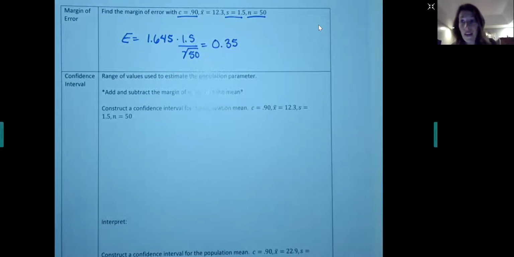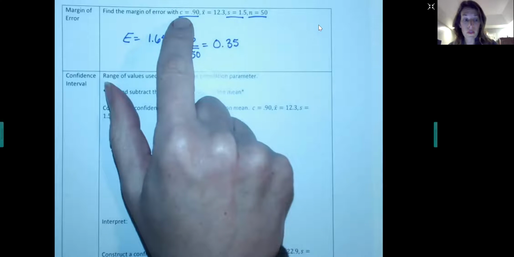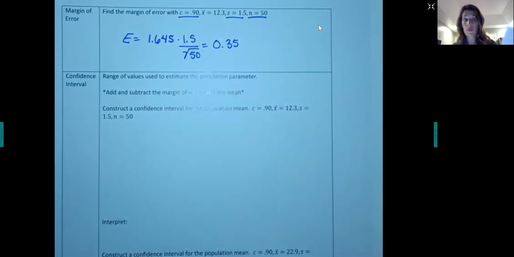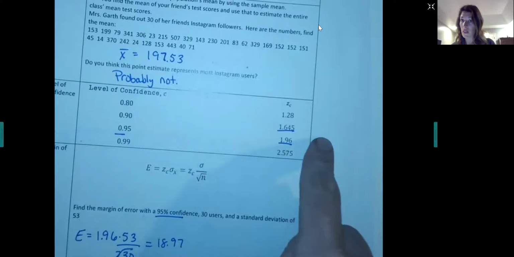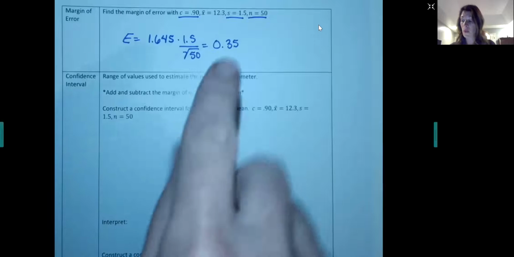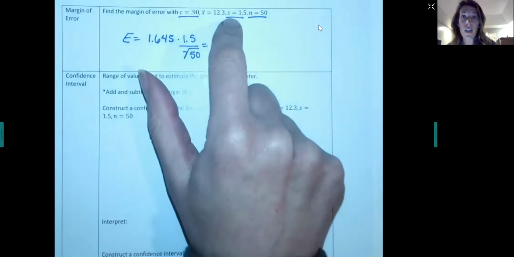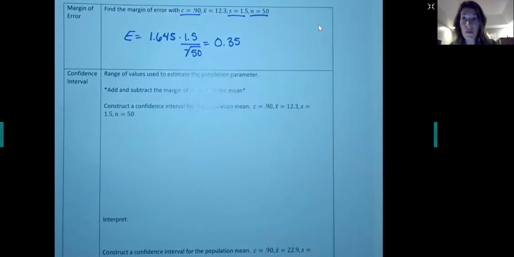Now, I'm not there. Hopefully you all are able to convert your confidence level to your z-score using the numbers I've given you. You are able to recognize your standard deviation and find the square root button on your calculator.